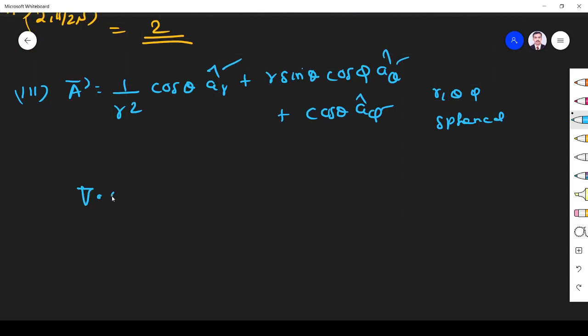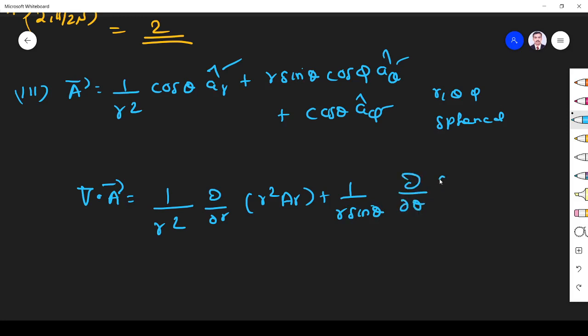What is the divergence in the spherical coordinate system? The formula for divergence in spherical coordinates is 1 by r squared dou by dou r of (r squared Ar) plus 1 by r sin theta dou by dou theta of (A theta sin theta) plus 1 by r sin theta dou A phi divided by dou phi.